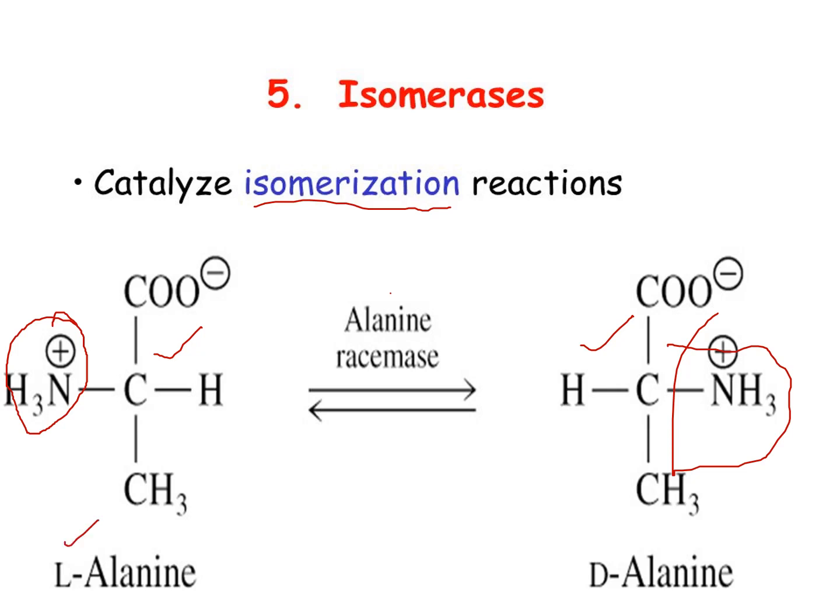These two have the same molecular formula, but the spatial position is different. This is nothing but the racemic mixture of the alanine. The enzyme alanine racemase will convert the L-alanine to D-alanine.